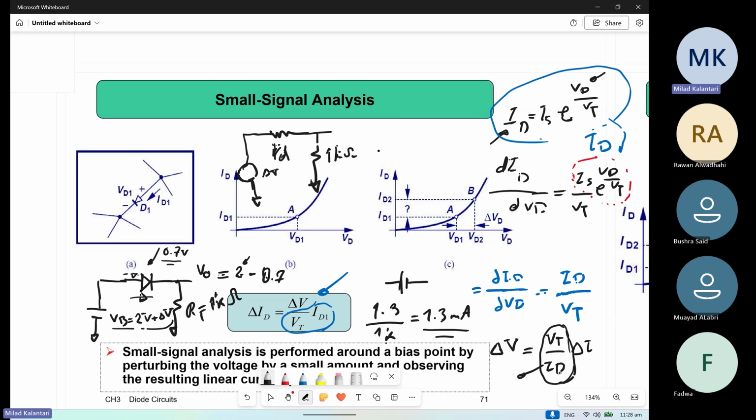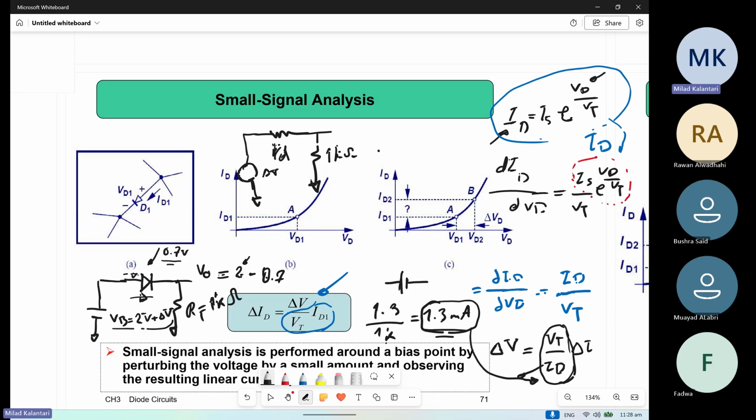The ID means the DC value of the bias point, right? It's the initial calculation we did for the DC value over here, let's say 2 volt minus 0.7 divided by 1K. The ID would be this value, right? We put it here.